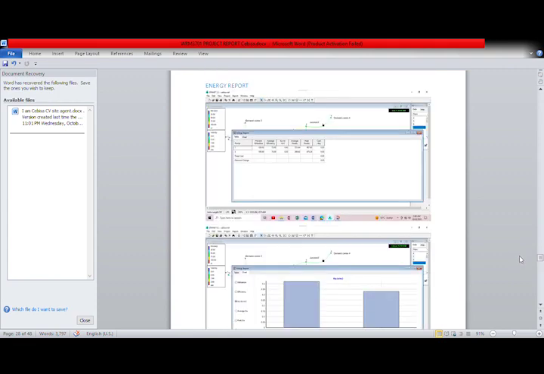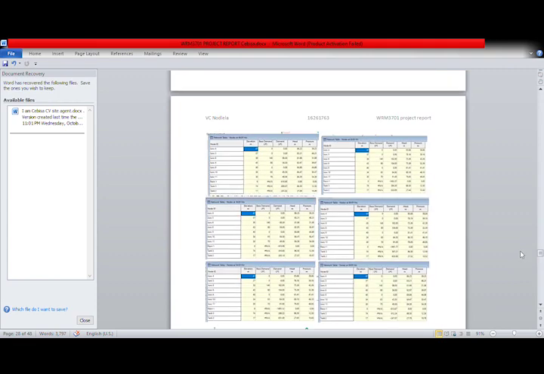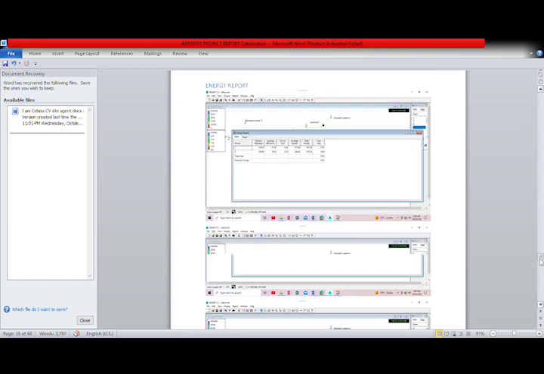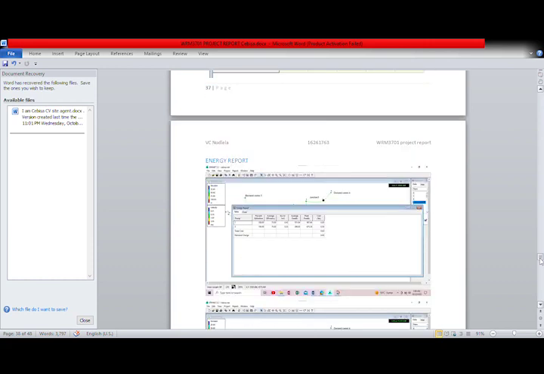And you also get to run your software to get your base demand, your head loss, your head and your pressures. And this is the energy report.